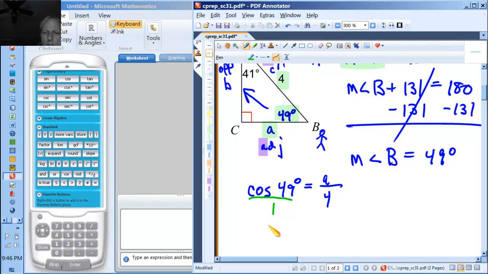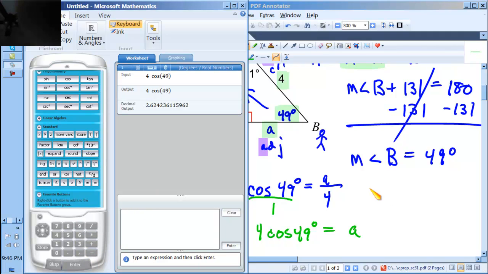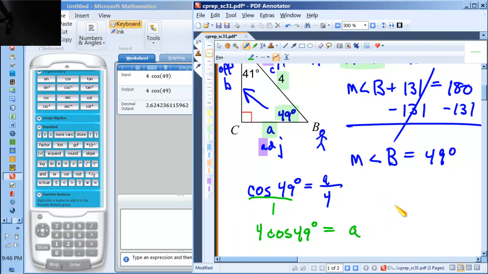So if I turn that into a proportion and cross-multiply, I get 4 times the cosine of 49 degrees is equal to A. I need to do that on my calculator: 4 times the cosine of 49 degrees, and that gives me 2.6. So that means I now know that A is 2.6.